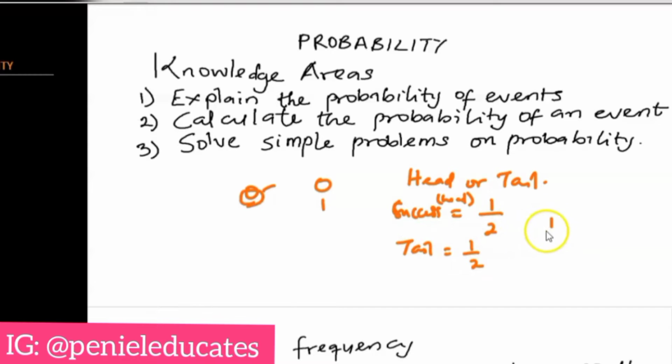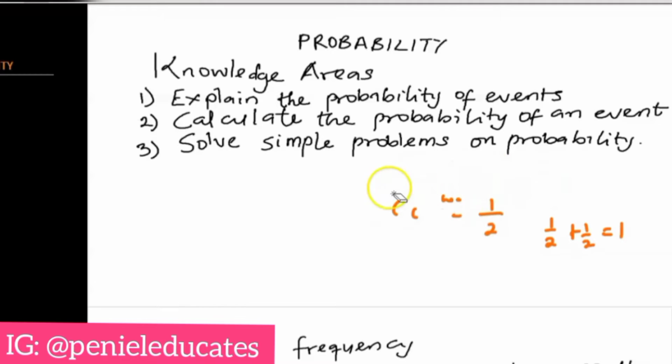So if you add these probabilities together, half plus half, you get 1. When you add the two outcomes of the coin that is tossed, either head or tail, it's going to give us a 1.